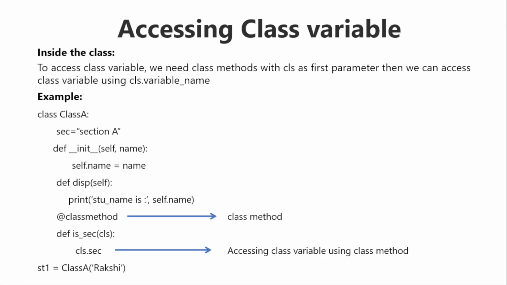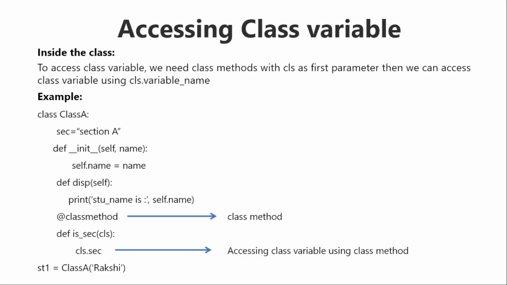Accessing class variable inside the class and outside the class. Inside the class, to access the class variable, we need a class method with cls as the first parameter. Then we can access the class variable using cls.variable_name. Here we have an example. Class A, where sec is equal to section A, and we have defined a constructor with a self parameter, and a function disp, where we access our instance variable.